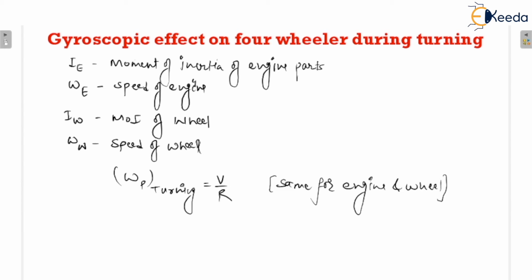Now we will calculate the gyroscopic couple. Learn the formula. First case is on the engine. We know that it is equal to I omega P, a general formula of gyroscopic couple.